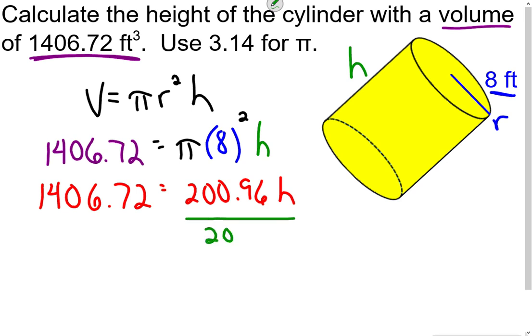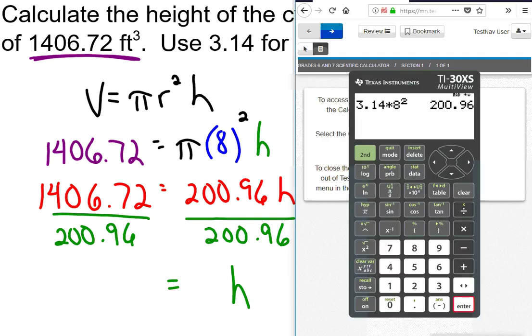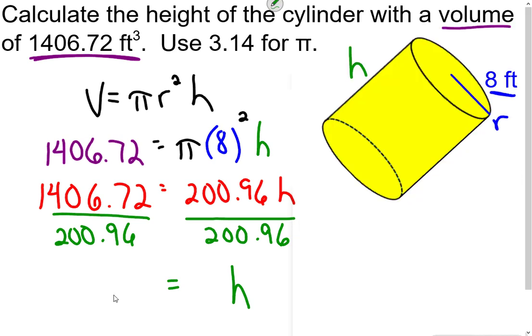Then to finish this, I just need to get the h by itself. I'll divide both sides by 200.96. This side comes out to be h equal to, and then I go back to my calculator. I type in 1,406.72 divided by 200.96, push enter, and I find out that the answer is 7.